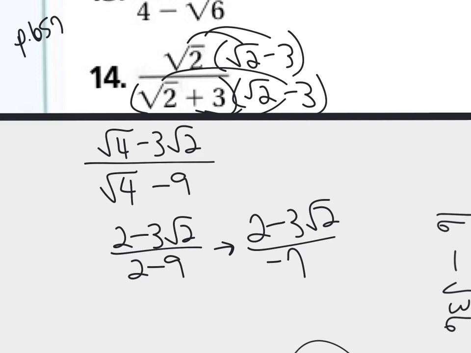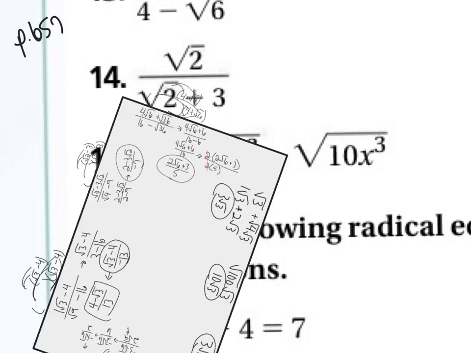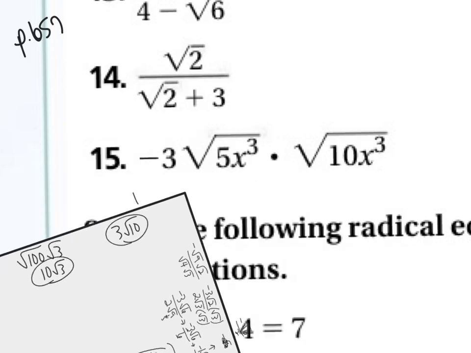And that should be our answer. Again, the book's got it switched around with no negative in the denominator, but I think we're good. Number 15.